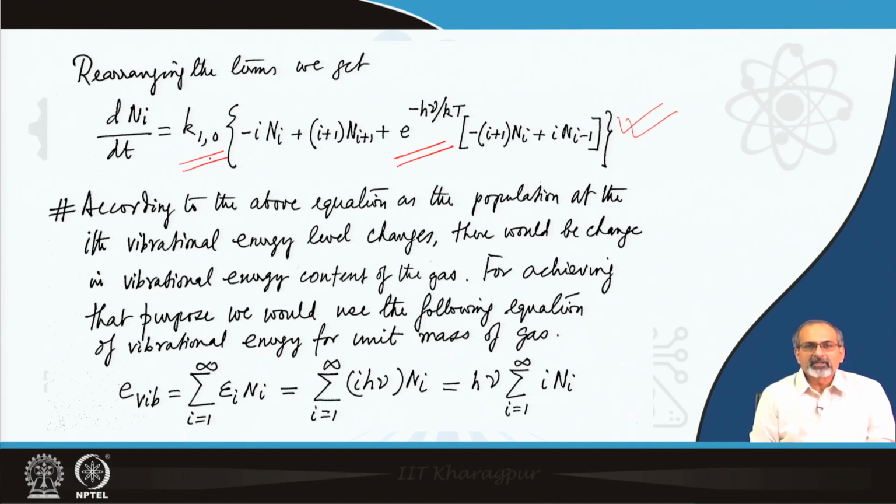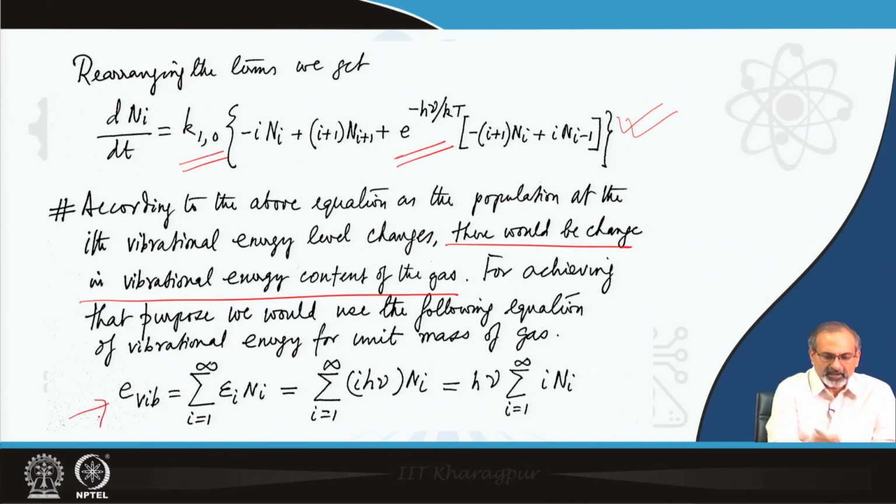According to the above equation, as the population at the ith vibrational energy level changes, there would be a change in the vibrational energy content of the gas. For achieving that purpose, we would use the following equation of vibrational energy for unit mass of gas.